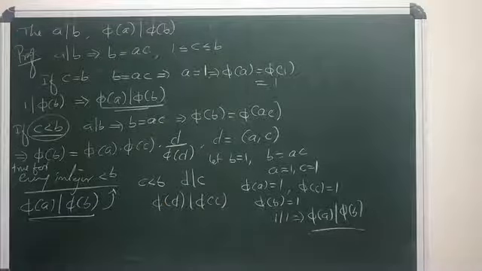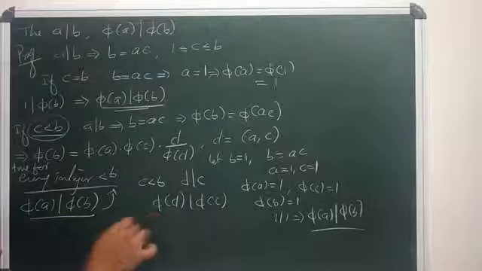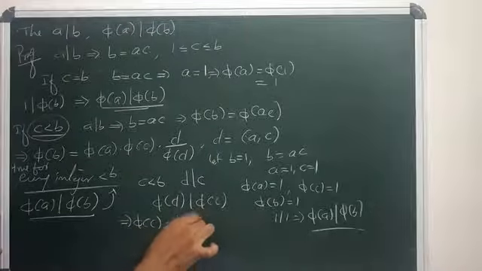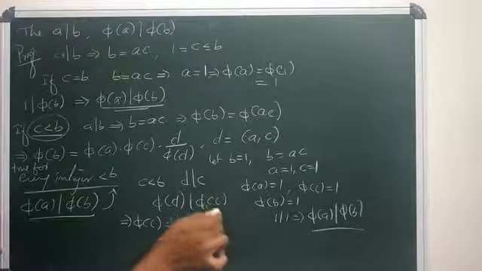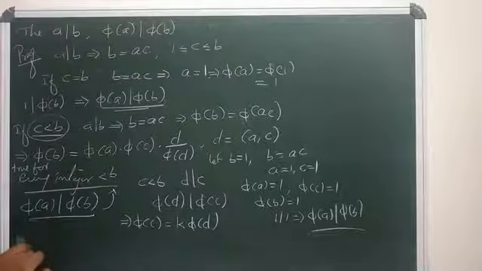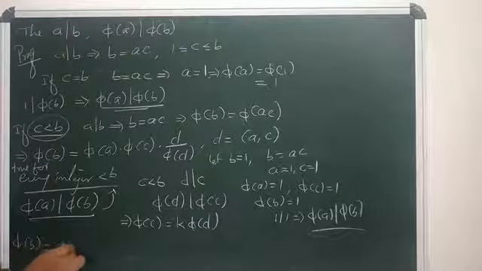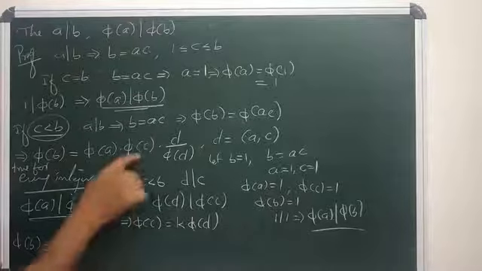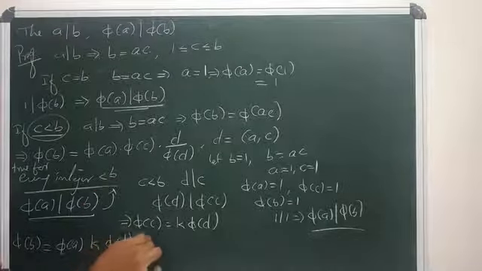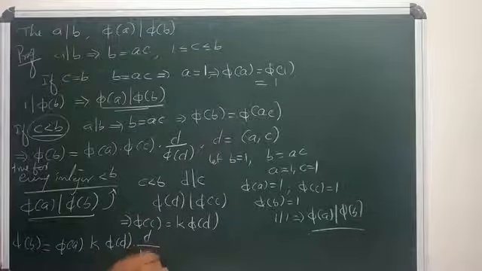Sure? Yes. So phi of D divides phi of C means phi of C equals some K into phi of D, where K is an integer. Therefore, what is phi of B? Phi of B equals phi of A into phi of C. What is phi of C? K into phi of D into D by phi of D. Phi of D are cancelling each other.